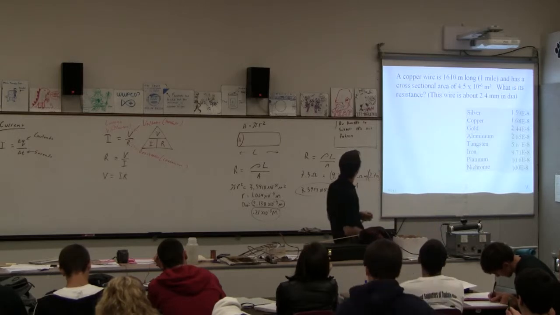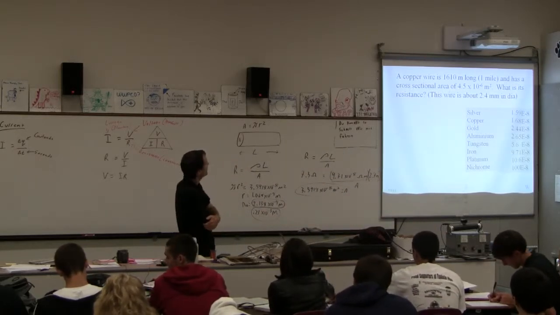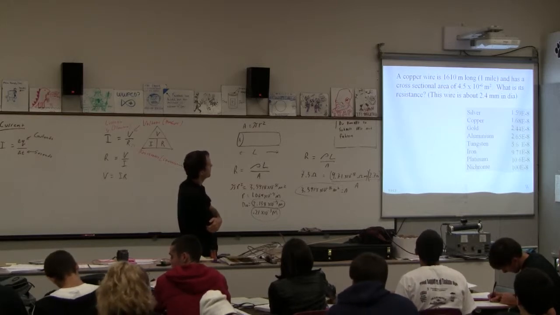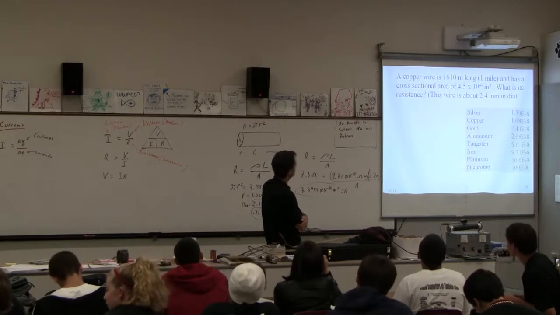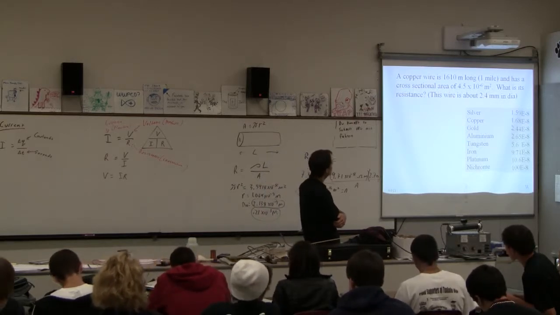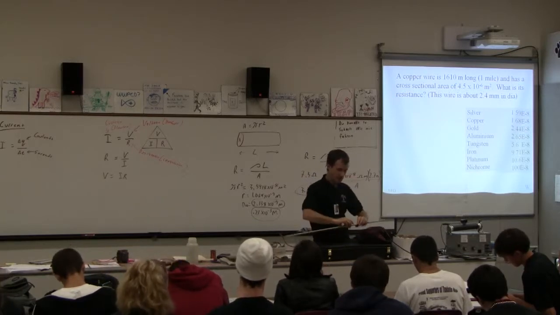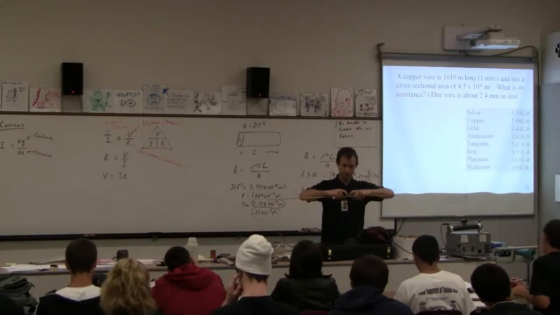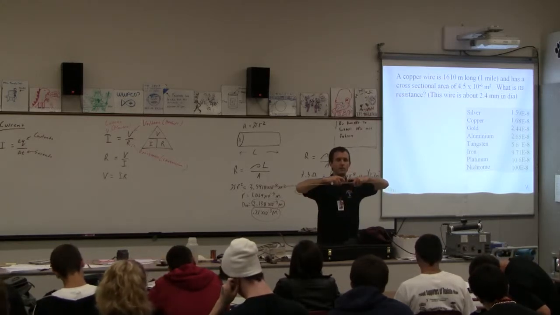Example 1, let's try. A copper wire is 1,610 meters long. That's a mile. It has a cross-sectional area of 4.5 times 10 to the minus 6 square meters. That means it has a 2.4 millimeter diameter, which is basically half a centimeter in diameter.